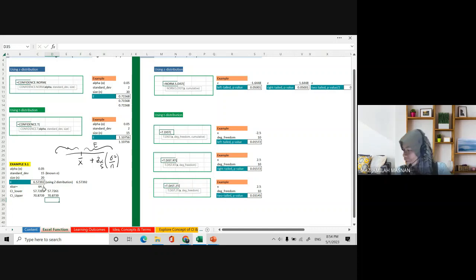So I have 70.87, exactly the same as what we have in our example in the textbook. Is there any question, class?